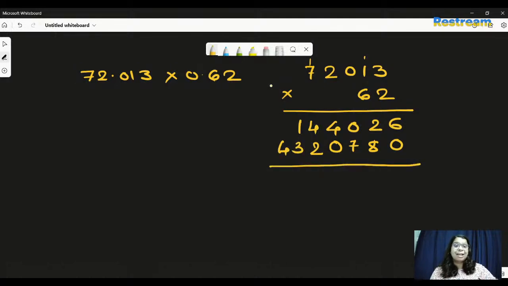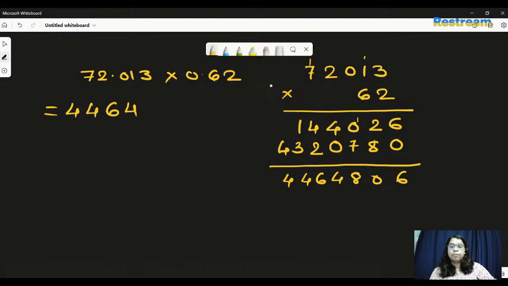Now we are going to add these numbers. So we have a huge number, 4, 4, 6, 4, 8, 0, 6.